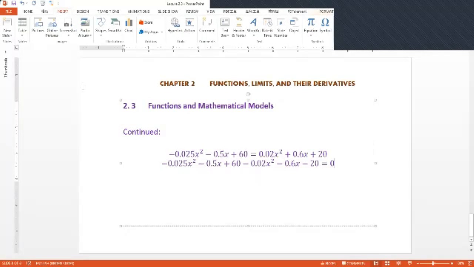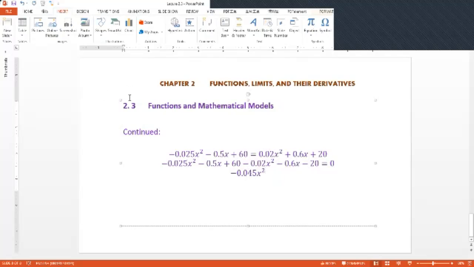So we can combine negative 0.025x squared with negative 0.02x squared. So that's the first group. They are like terms. So what we get is negative 0.045x squared. Okay, remember you have two negative terms.